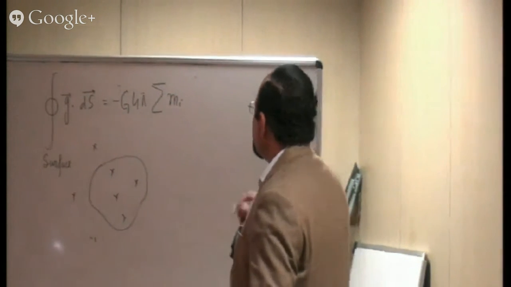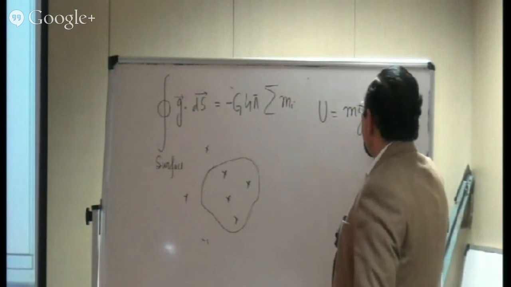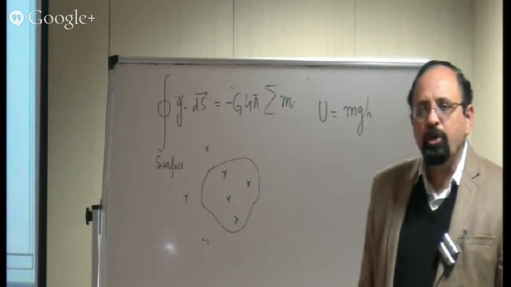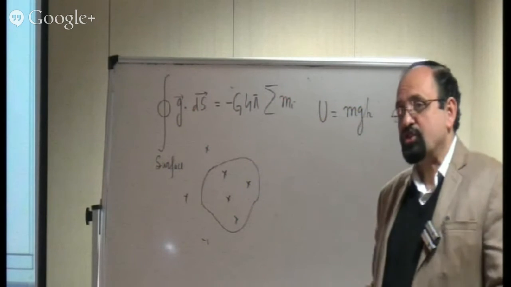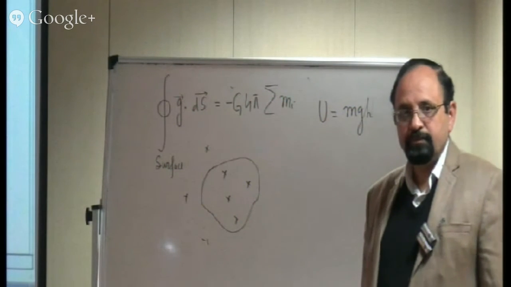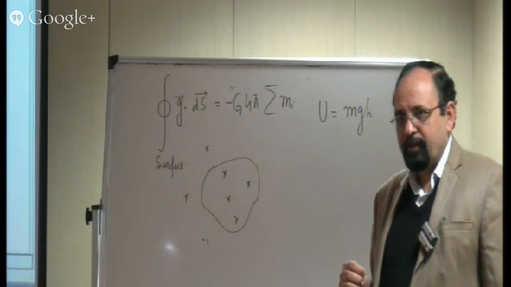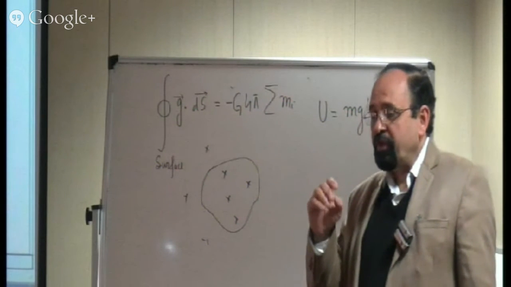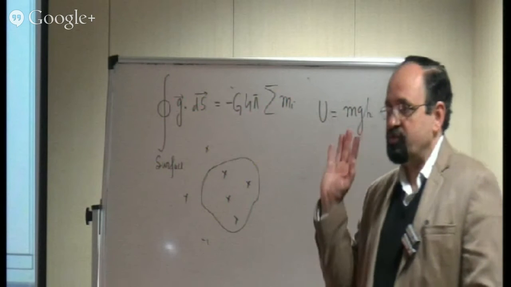Gravitational potential energy sometimes is written as mgh. You must have used this formula many times. But do you know that this formula has certain restrictions? Can you tell me the restriction in this case? It means you should not move to a point where there's a variation of g, right?